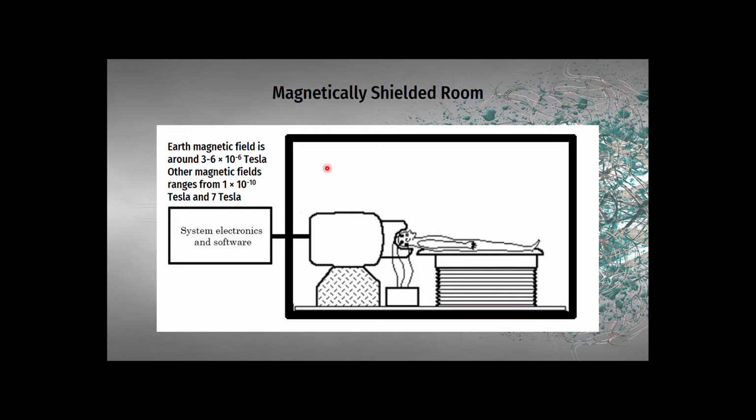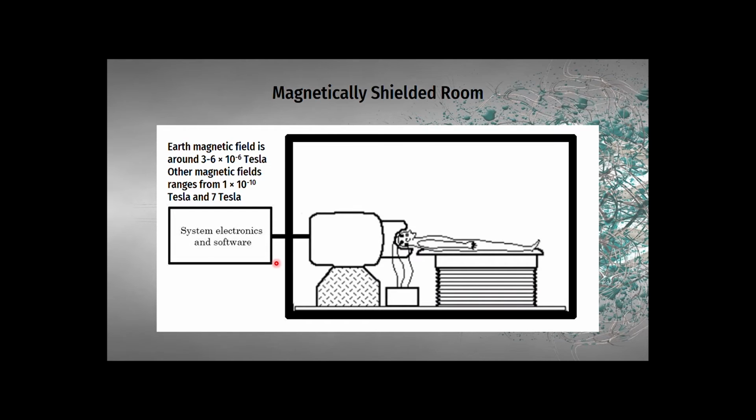We mentioned before that the magnetic fields generated in the nerves are very small, and because of that they can be easily disturbed by other magnetic fields that naturally exist in the environment. So as a first step to remove these noises, we place the magnetoencephalography device in a magnetically shielded room, and this room is built using many layers of metal, usually aluminum.